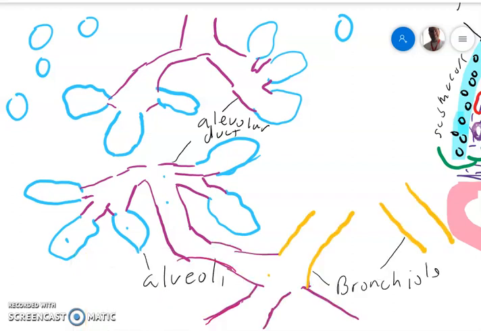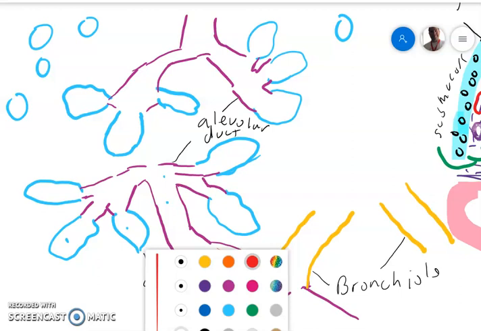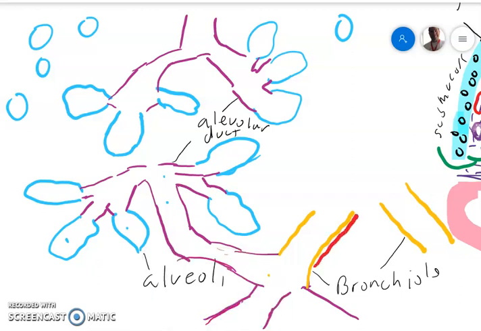Now the difference between the alveolar duct, which is this, and the bronchiole, which is this, is the bronchiole is going to have some muscle tissue with it. So I'm going to put on some muscle there. So see, this has muscle tissue with it. And these guys I'm going to attach. And there'd probably be more bronchioles, but again, I need room for other structures.